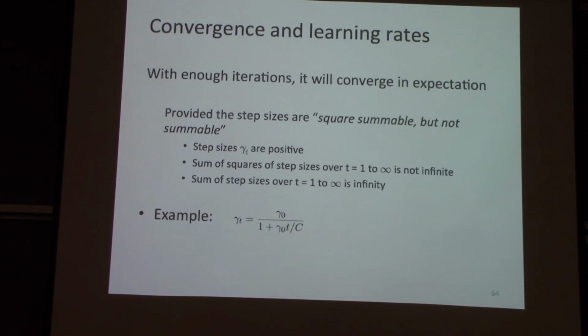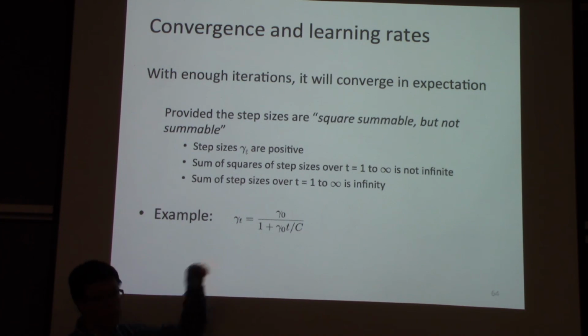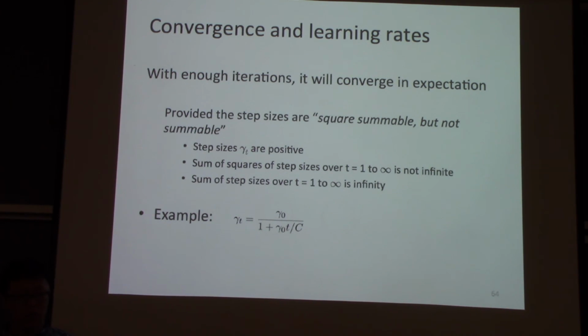It will not go to infinity. This is the meaning of square summable and not summable. But you don't need to worry about that theorem. You can use this definition in your homework when you implement the SGD algorithm. And again, this gamma 0 and c are hyperparameters. As always, you can use cross-validation to choose gamma 0 and c.